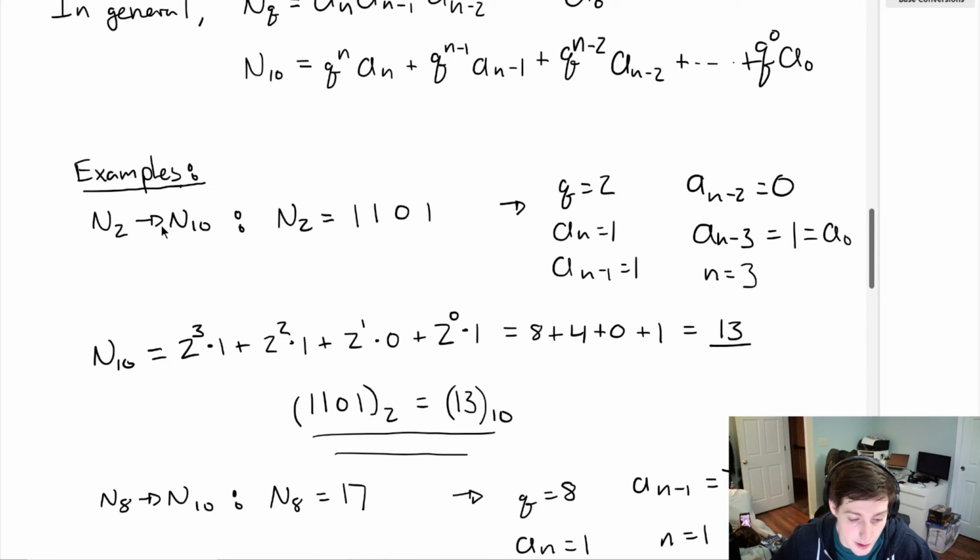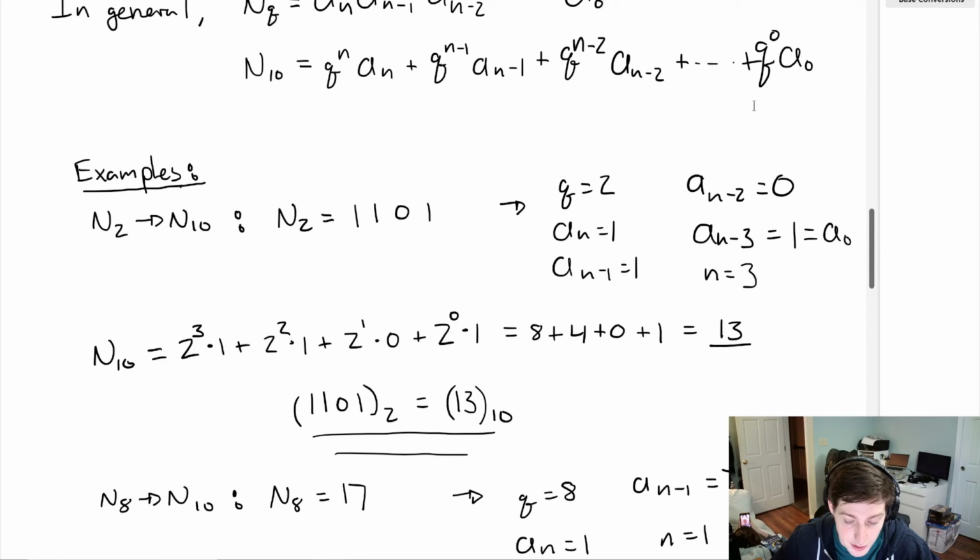So if we look at the example of converting a base 2 number to a base 10 number, let that base 2 number be 1101. We simply know that q is equal to 2, because that's our base. Our first term is 1, our second term is 1, third term is 0, and our last term is 1.